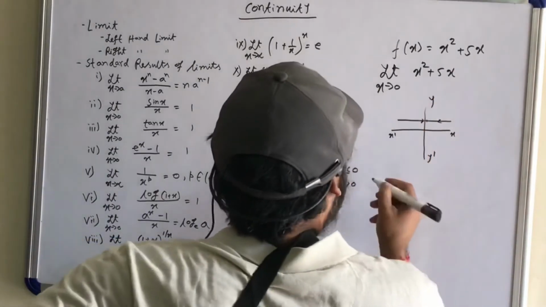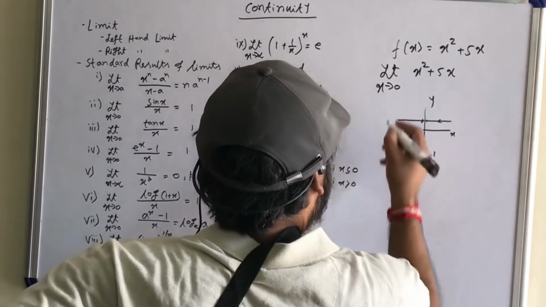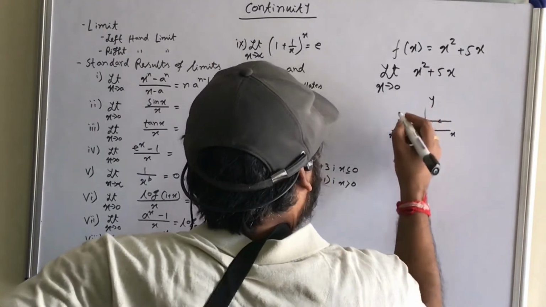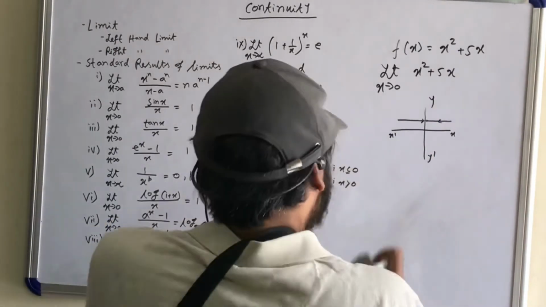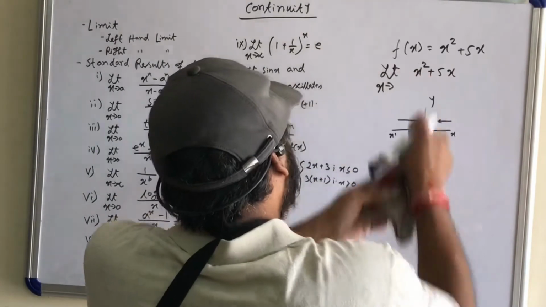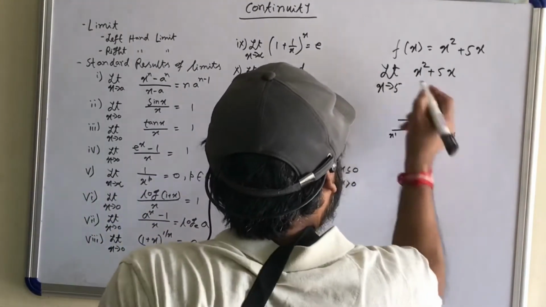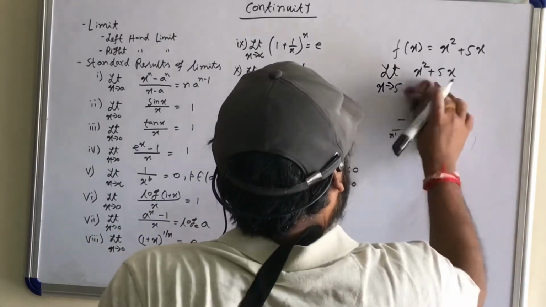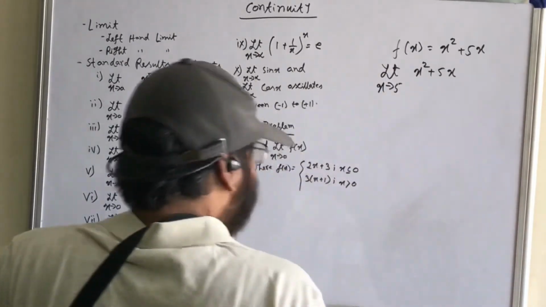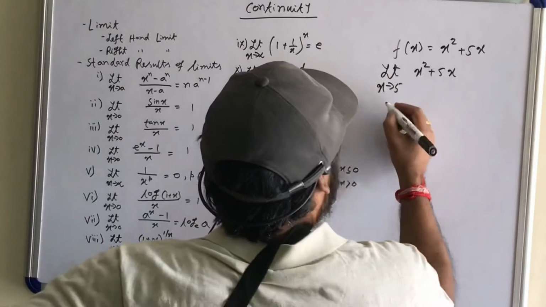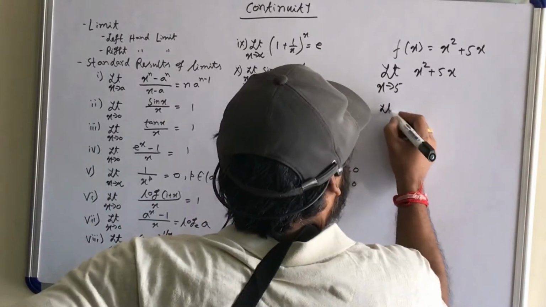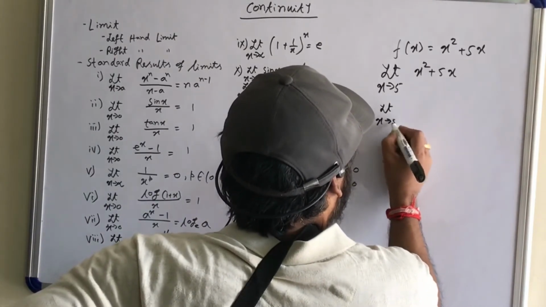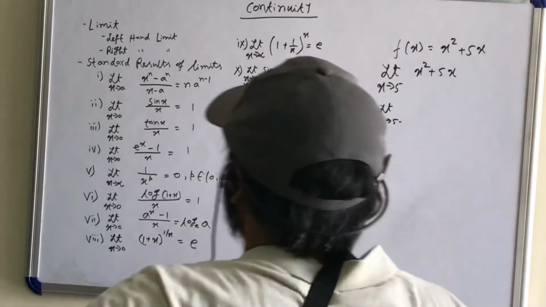Say it is x tends to 0, instead of that it may be limit x tends to 5. So what would be the left hand limit of limit x tends to 5? It means limit x tends to 5 minus. What does it mean, 5 minus?